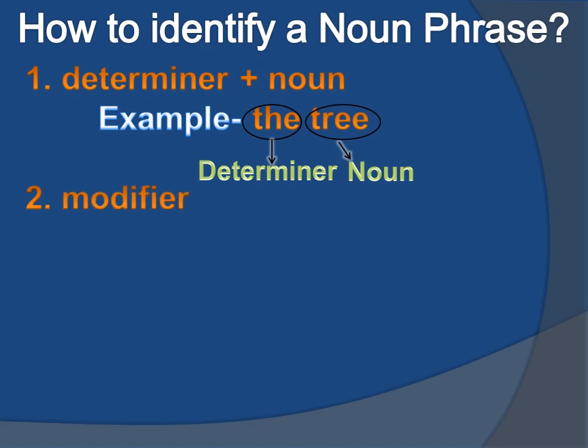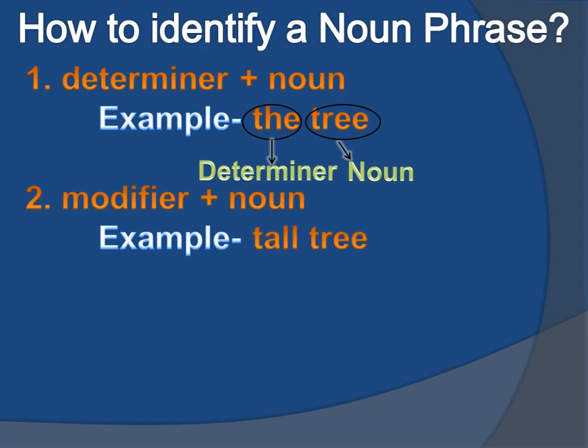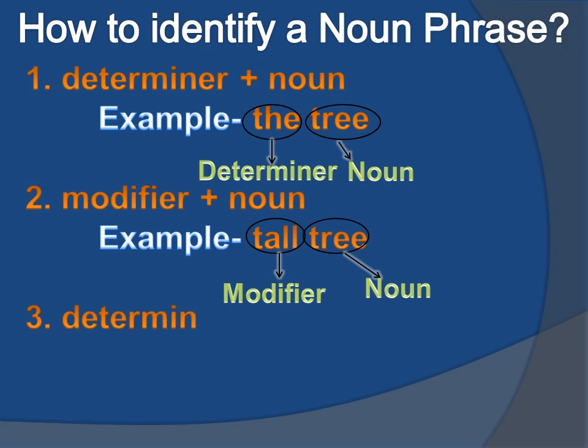Next, modifier plus noun. Let's take an example to understand it. Tall tree. Here, tall is a modifier and tree is a noun. Therefore, tall tree is also a noun phrase. Determiner plus modifier plus noun.